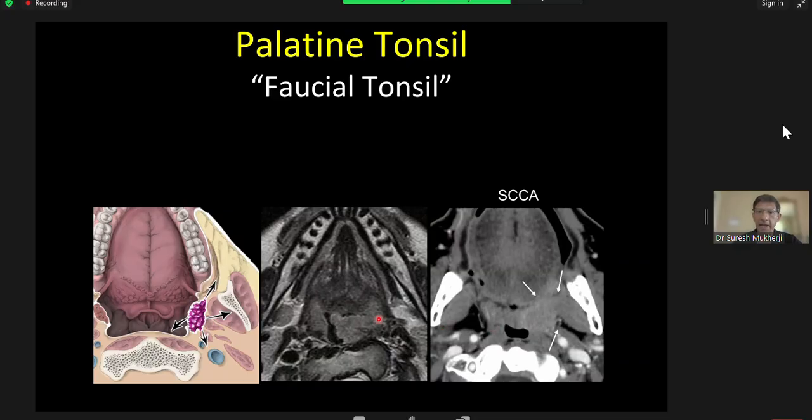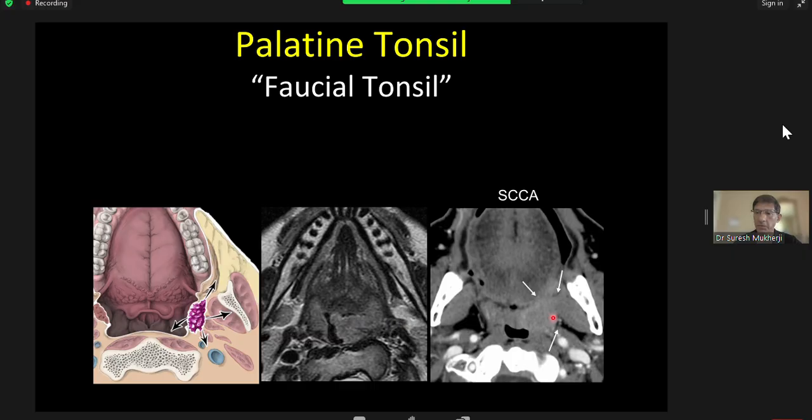This is a patient that has a tumor involving the tonsillar squamous cell carcinoma. Here's another example of a squamous cell carcinoma involving the tonsil. What's the difference here? You, the radiologist, can say, hey, this tumor is extending medially, so this is an exophytic tumor extending into the airway. That tells the surgeon one thing without deep extension.